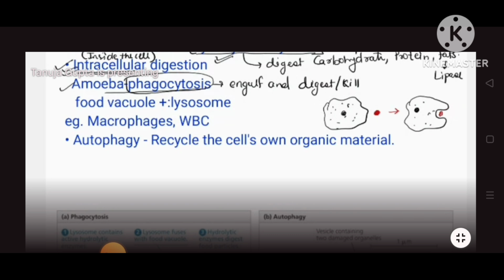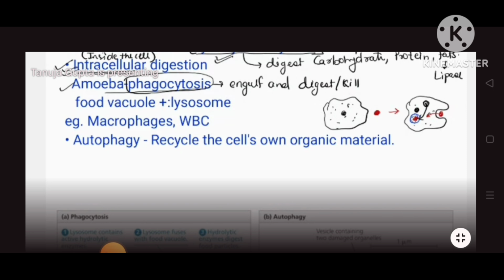So this food is taken inside the amoeba like this, ultimately inside in the form of a vesicle. Now lysosome comes over here. Suppose this is the lysosome, it will fuse with this one and release its whole hydrolytic enzyme inside this food particle and digest.